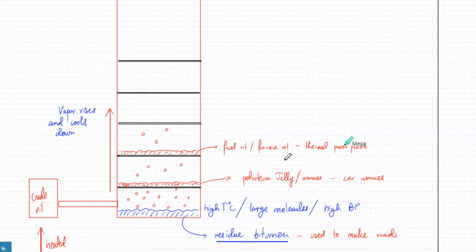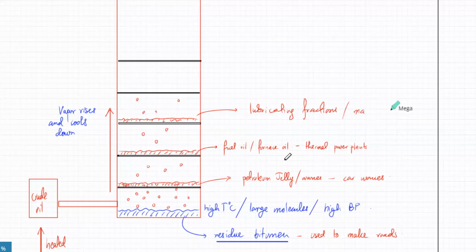And the leftover vapor continues to rise. The temperature drops further and something else condenses in that vapor. And this something is now, these are your lubricating fractions. ठीक है, example machine oil, etc.